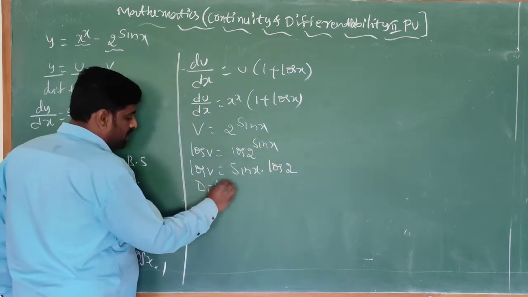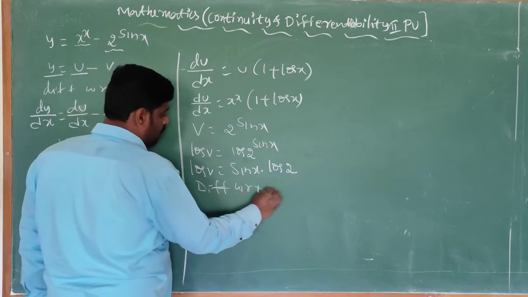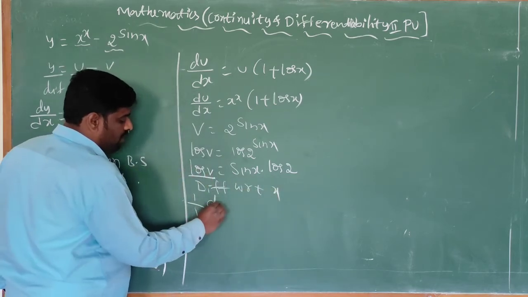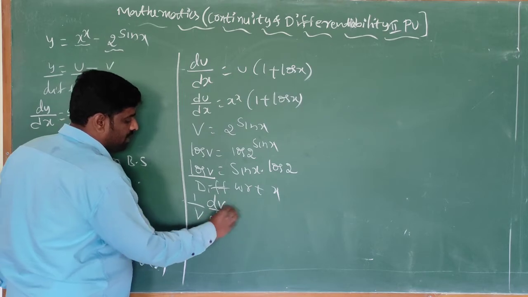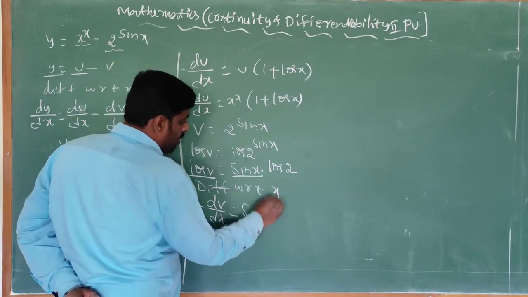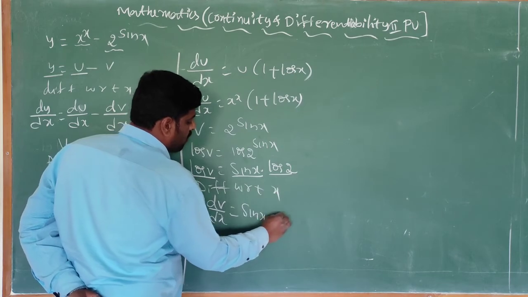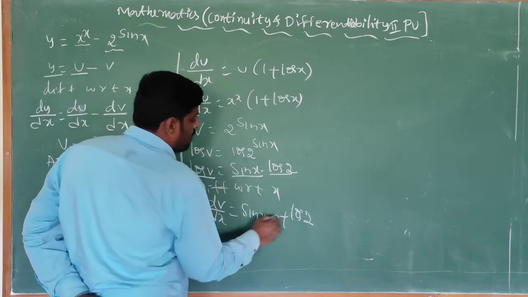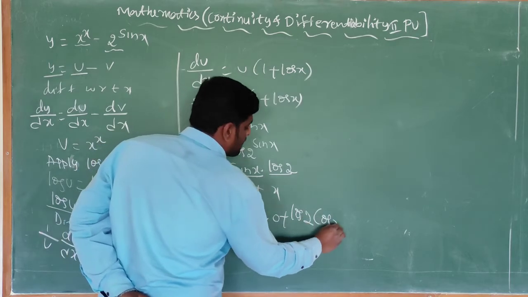Now differentiate with respect to x. Log v differentiation is 1 by v dv by dx is equal to sin x as it is, log 2 differentiation is 0, plus log 2 as it is, sin x differentiation is cos x.